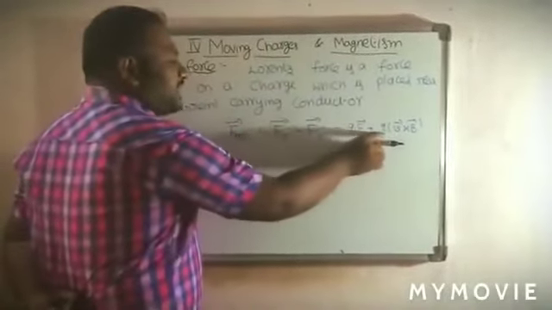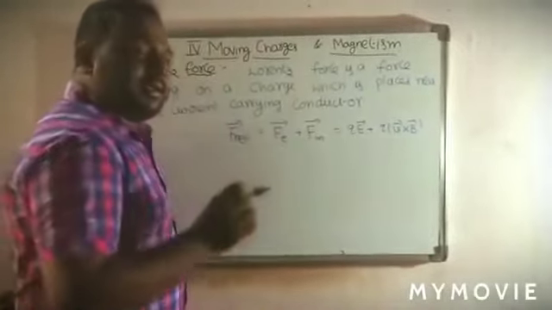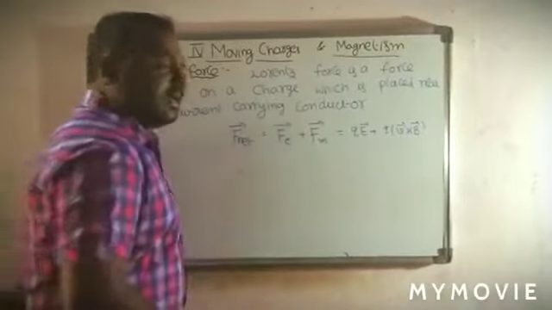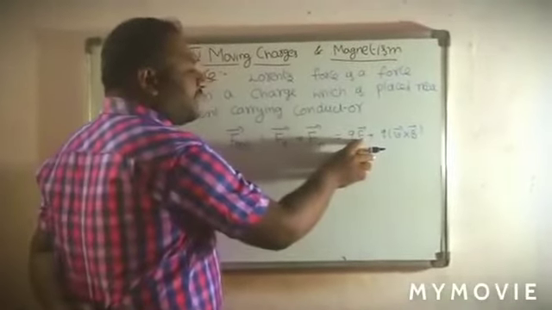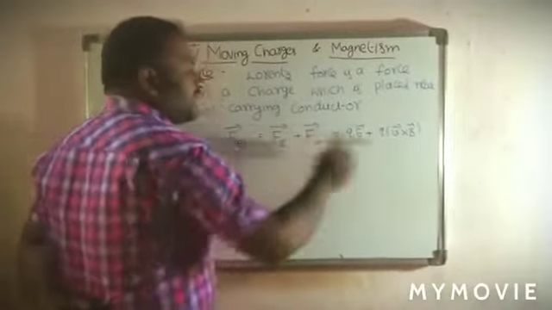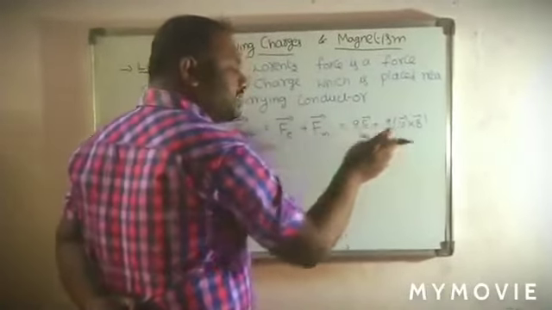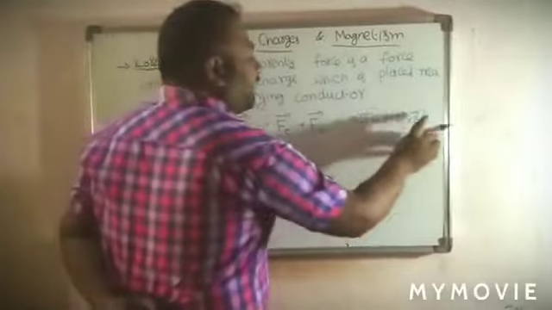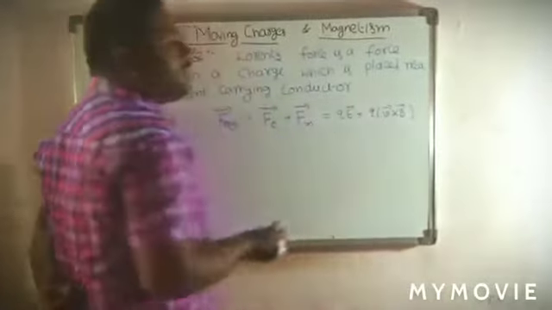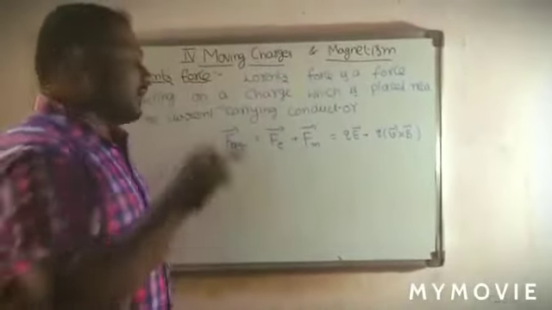Here Q is the test charge which we placed near the current carrying conductor, E bar is the electric field due to the charge, V bar is the velocity of the moving charge, and B bar is the magnetic field due to the current carrying conductor.